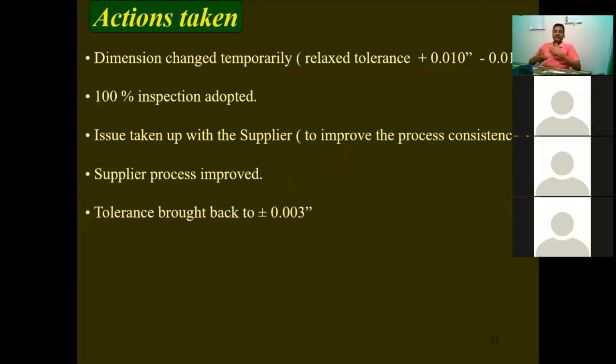They improved the process consistency, and the supplier's process was improved. Then the tolerance was brought back to the original range, plus minus 0.003 inches, 3,000.